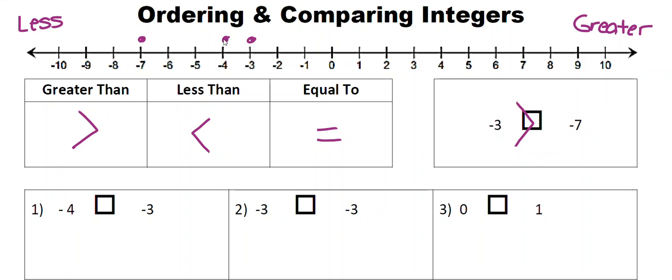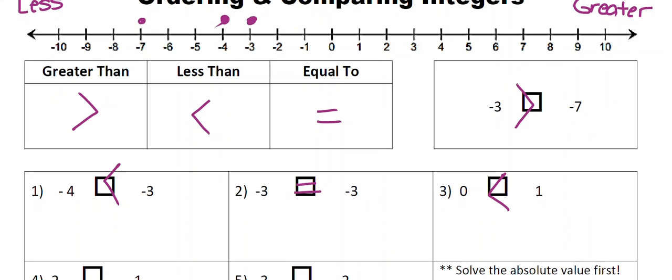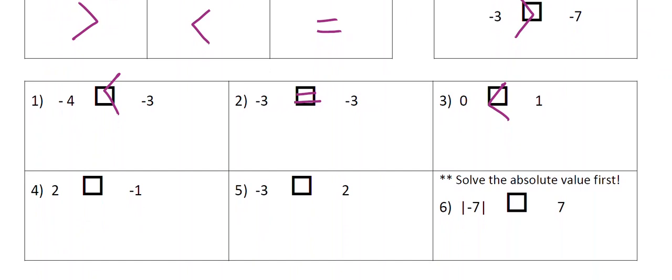Negative 4 would go here, and negative 3 is here. Negative 4 is less than negative 3. These two are equal to each other. And then 0 is less than 1. What I would like for you to do is number 4, 5, and 6. Be careful with number 6.